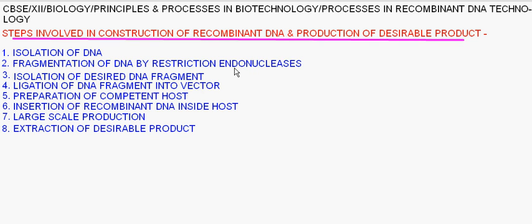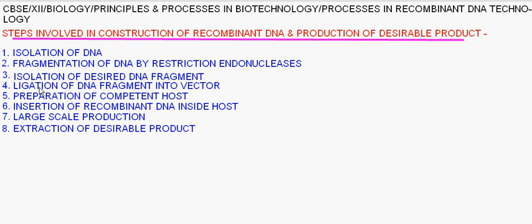The steps involved in construction of recombinant DNA technology and production of desirable products are as follows. Isolation of DNA. Fragmentation of DNA by restriction endonucleases. Isolation of desired DNA fragment.